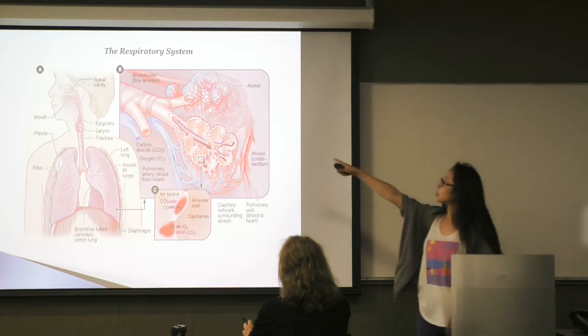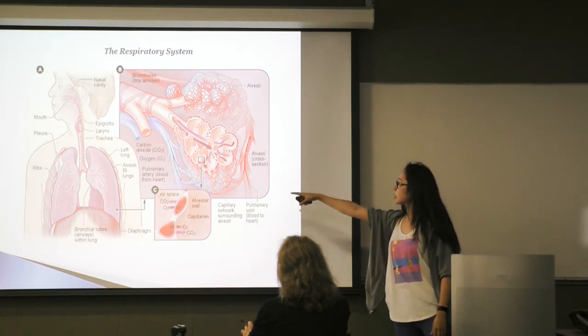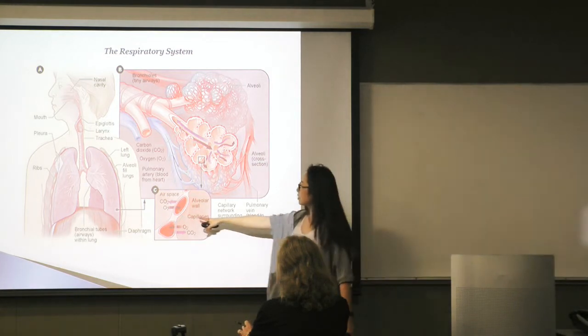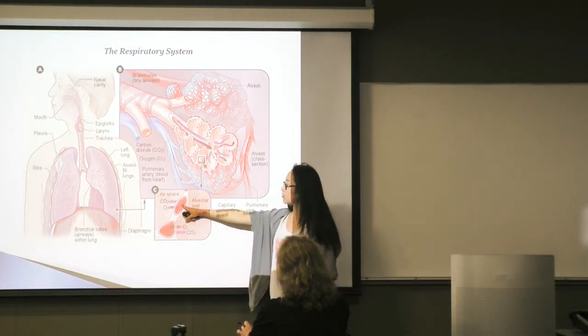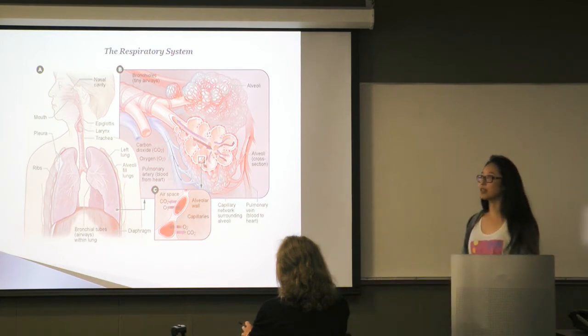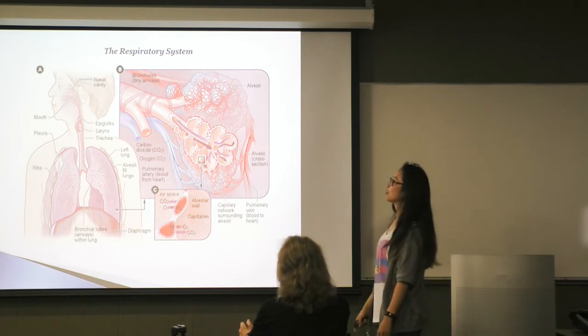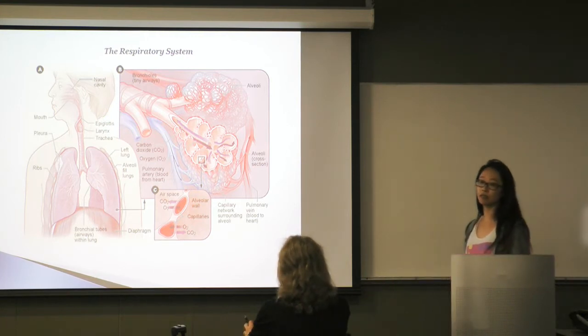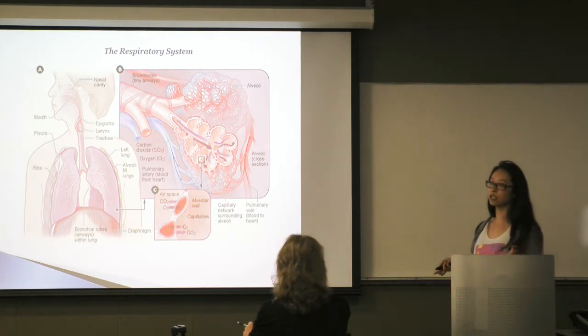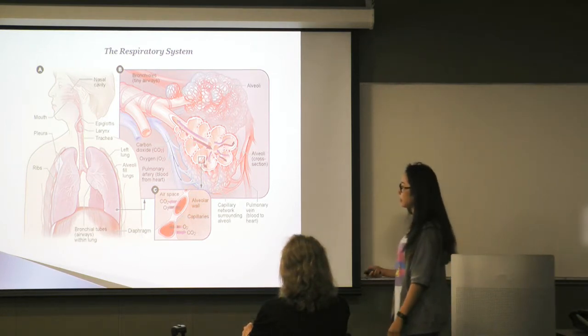So the oxygen comes in, and then the carbon dioxide comes out. But in box C, you can see that this is where the diffusion happens. So it's going to be simple diffusion. I'm getting kind of technical about it because I took anatomy. But yeah, simple diffusion is a form of passive diffusion. So no energy is being spent.